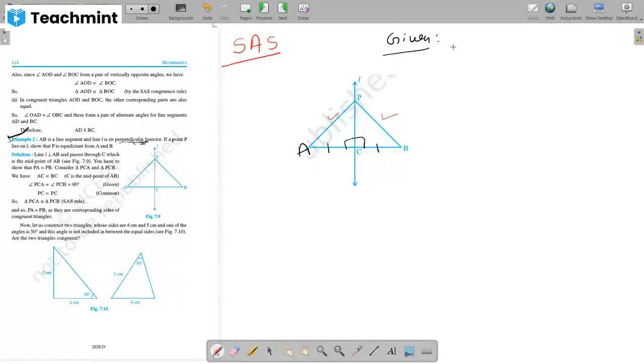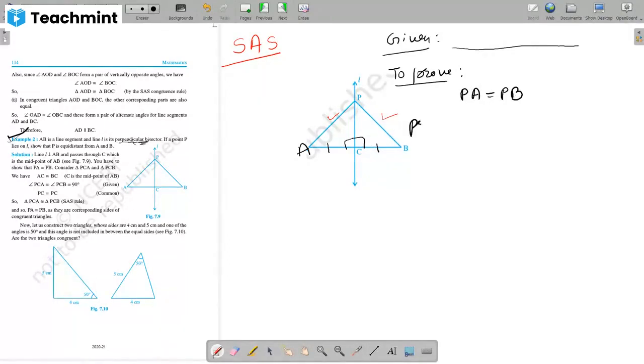So in given we will write that line L is the perpendicular bisector of AB. Now in to prove, what do we have to prove? Point P is equidistant. Instead of writing the whole sentence, we'll write it mathematically. Equidistant means PA equals PB. This we need to prove in this question.